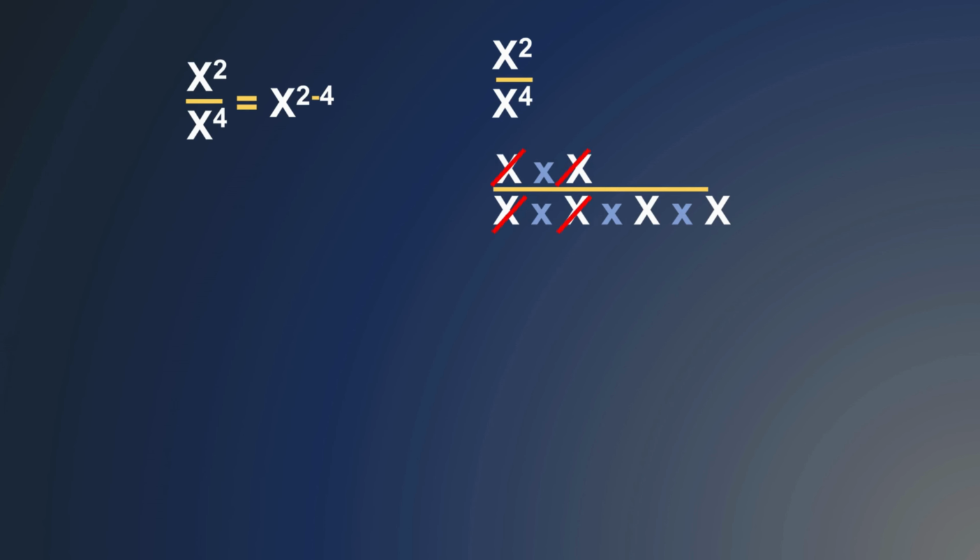And when we cancel them all, we're left with a 1 on the top, because there's always a factor of 1, and only 2 x's multiplied together on the bottom. If we recombine these 2 x's, we get 1 over x squared. And if you remember the law we learned earlier about negative exponents, you'll see that 1 over x squared is exactly the same as x to the power of negative 2. See, the laws really do work.